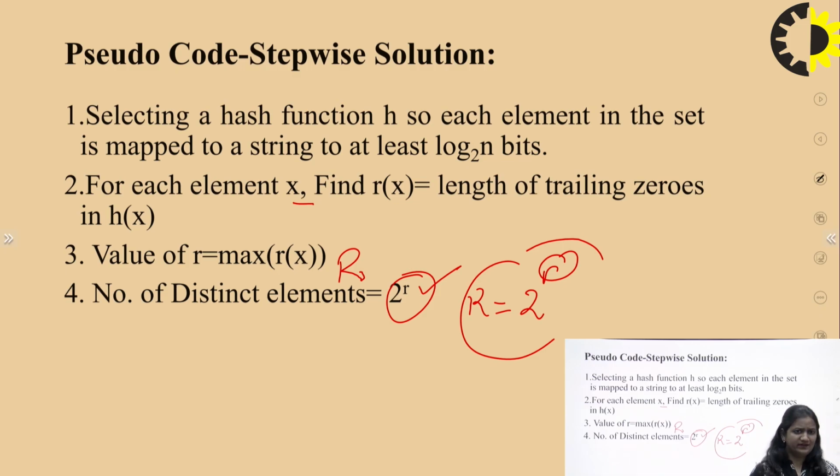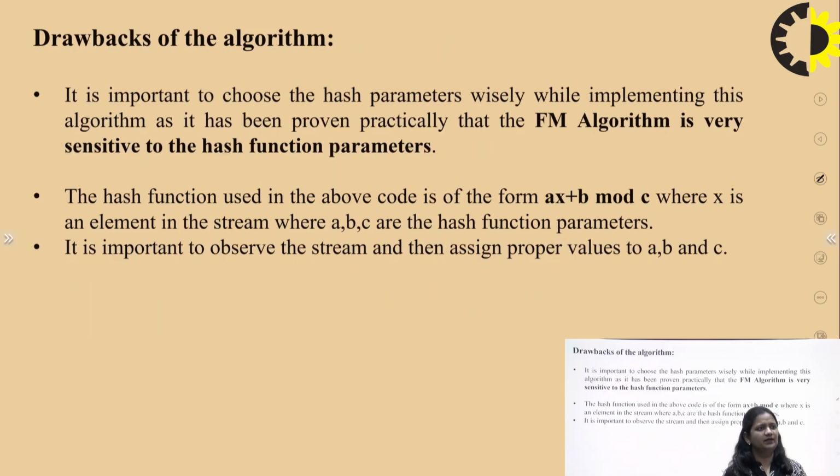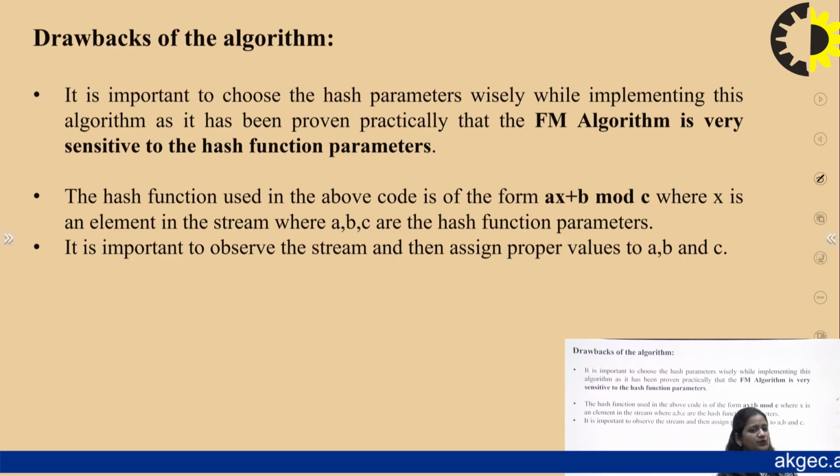To better understand this algorithm, let us first discuss a few points. The FM algorithm is very sensitive to the hash function parameters. If you choose a wrong hash parameter for a given stream, the answer will fluctuate and will not give an accurate value.